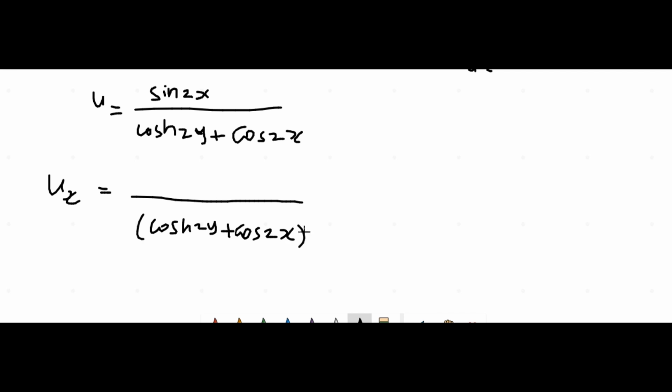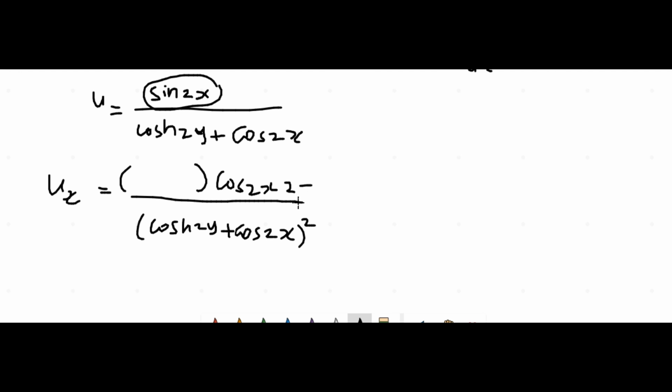In the numerator, v into u dash: the derivative of sin 2x is cos 2x into 2.